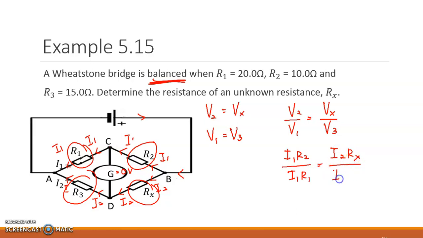So we can cancel out the I, substitute the values for R: 10, 20, unknown, and 15. So you will get Rx equal to 7.5 ohm.